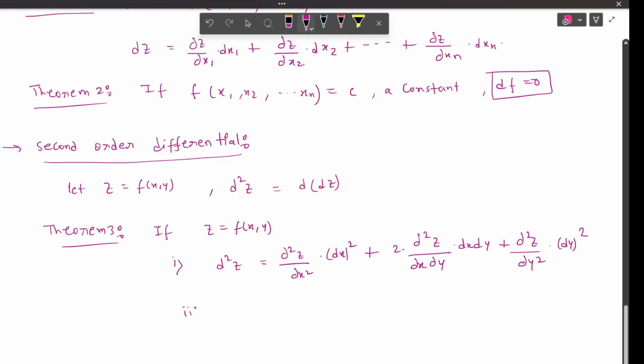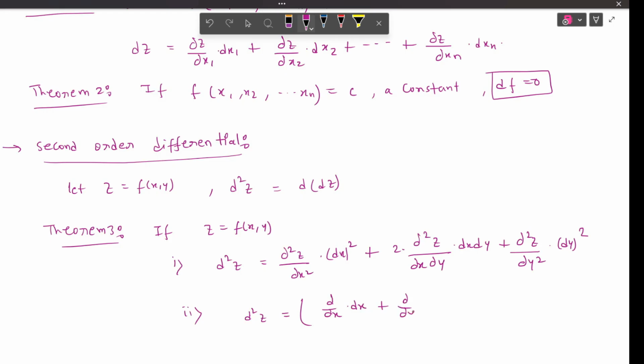And number 2, you have to remember that d square z is (del x into dx plus del y into dy) whole square z.